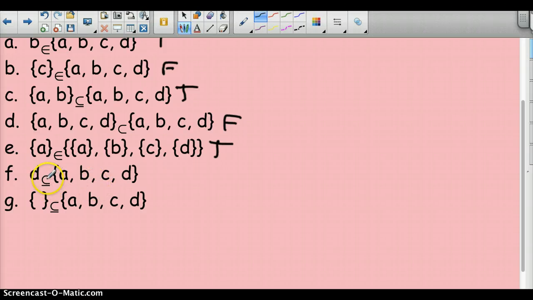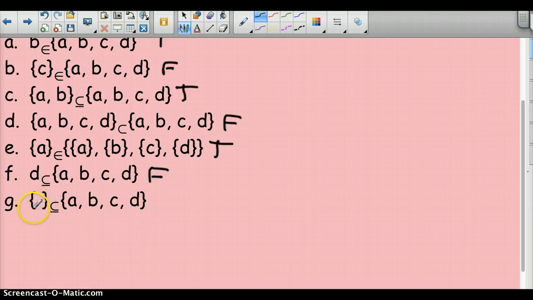If I had made this element instead of subset, I would agree with you. And if there were braces around D indicating that it was a set, I would also agree that it's a subset. But there are not braces going around D at this point in time. They're just looking at it and saying, is this single element a subset? And elements can't be subsets, only sets can. Therefore, this is false.